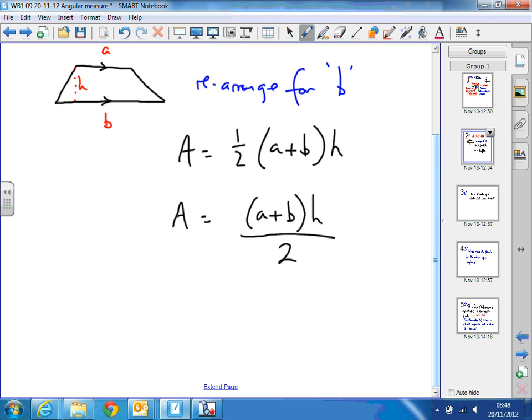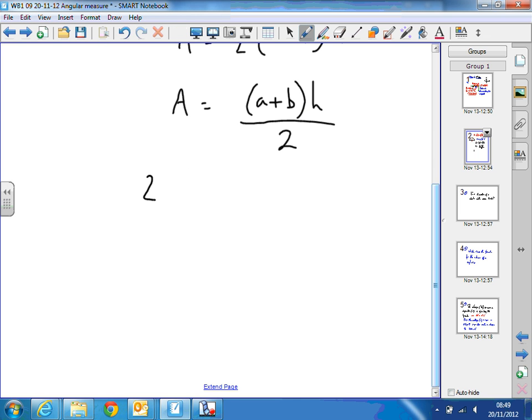Or certainly think of it like that, even if I don't write it like that. So tips for rearranging formulae: if something's underneath divided, multiply through to get rid of it. So the first thing I would do here would be multiply through by 2 to get rid of the half effectively. So I'd have that 2A equals A plus B times H.